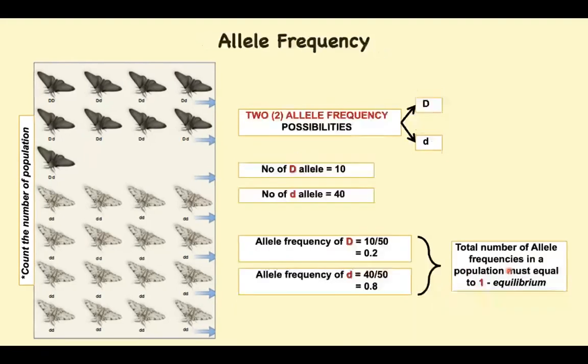Okay. Next, tadi phenotype frequency and then genotype frequency. Now is allele frequency. Okay, this is the main cause of microevolution. Allele frequency. So dekat sini the two allele frequency possibility sama ada dia D besar and D kecil.